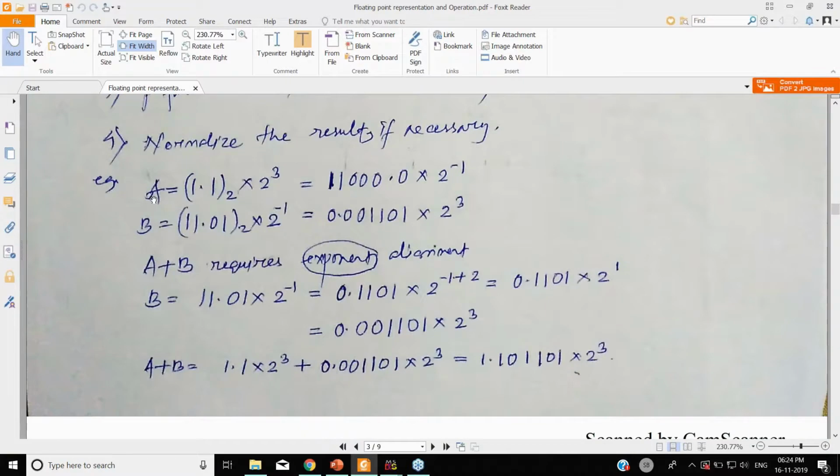We have an example: a equal to 1.1 to the base 2 into 2 to the power 3 is the first number. The second number is 11.01 to the base 2 into 2 to the power minus 1. And we want to multiply these two numbers.